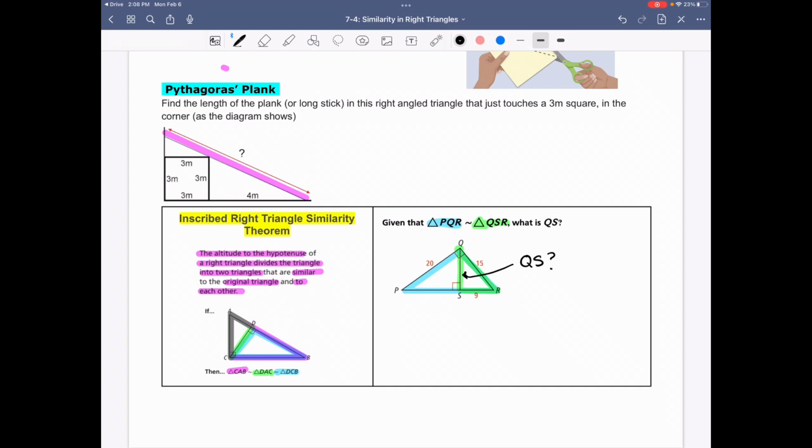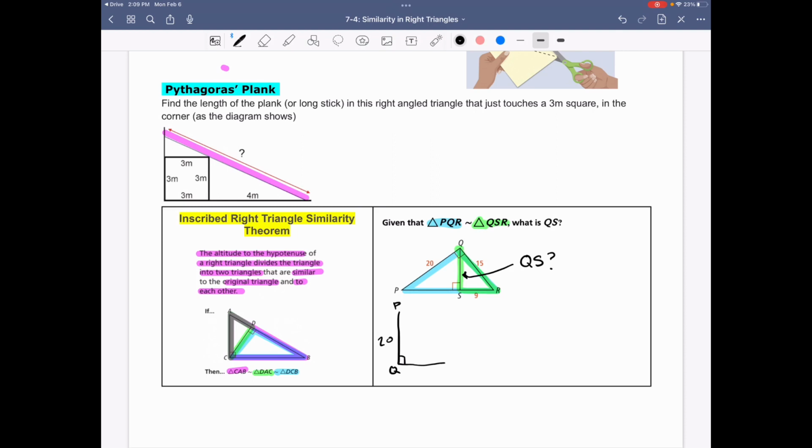To see this a little bit better, I want to break this triangle apart. So we have PQR. I'm just going to draw this PQR. This is the blue one. P to Q is 20, and you can see that the right angle is at Q. So this is Q, this is P, this is the right angle.